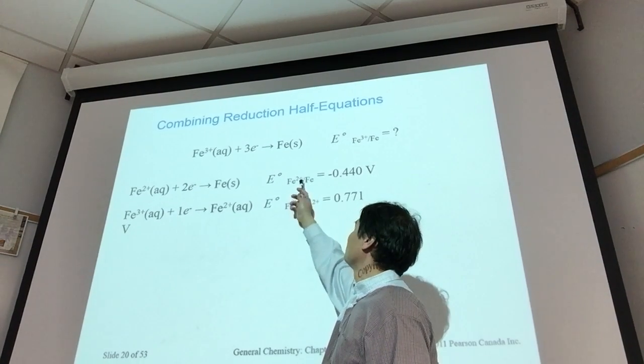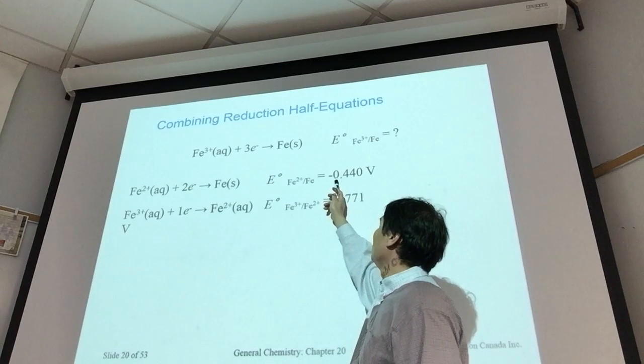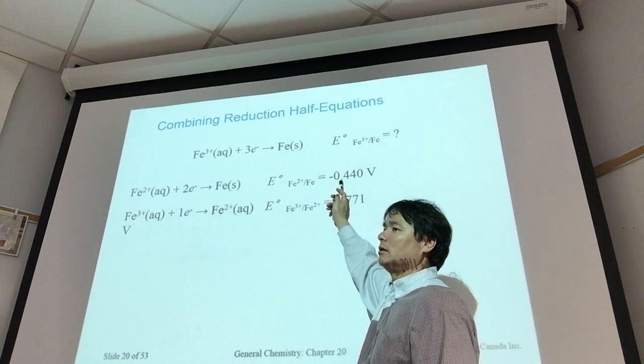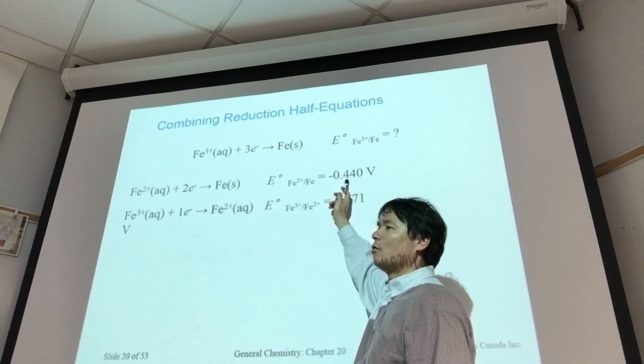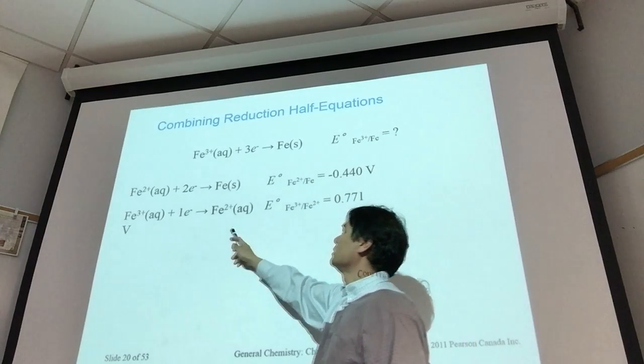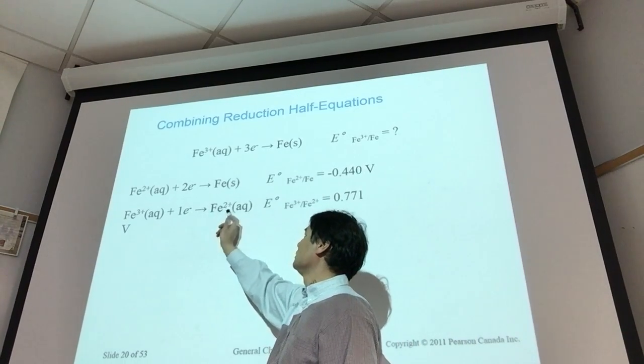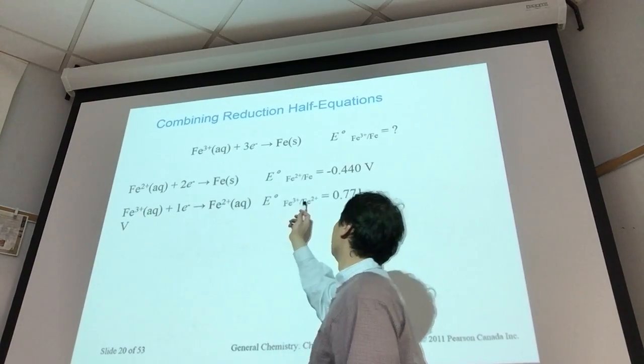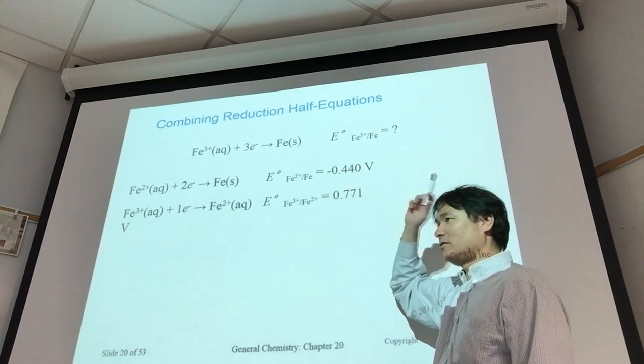It'd just be flipped, with an oxidation potential of plus 0.44 volts, whereas the iron 2 plus would have an oxidation potential of negative 0.771 volts.